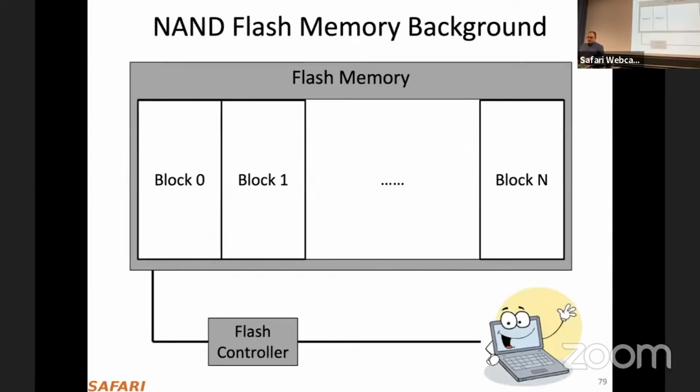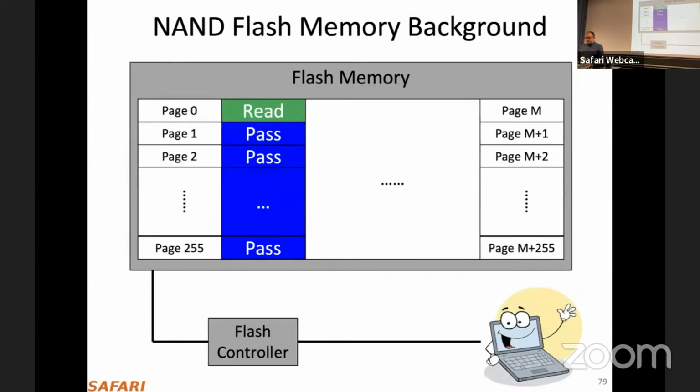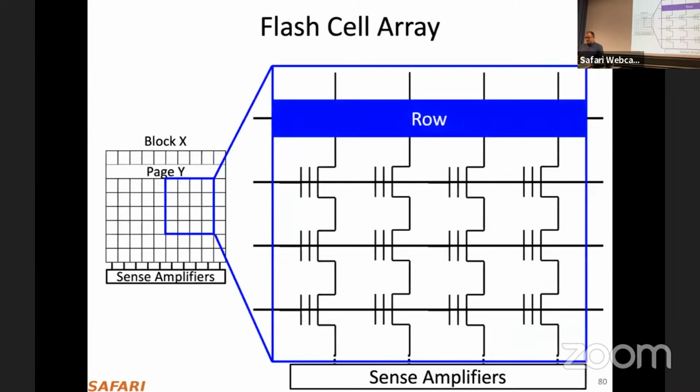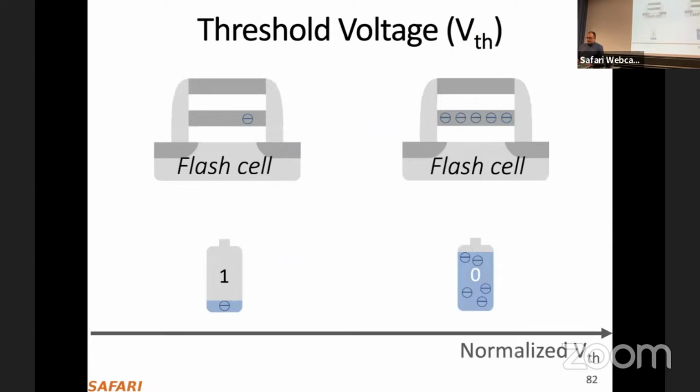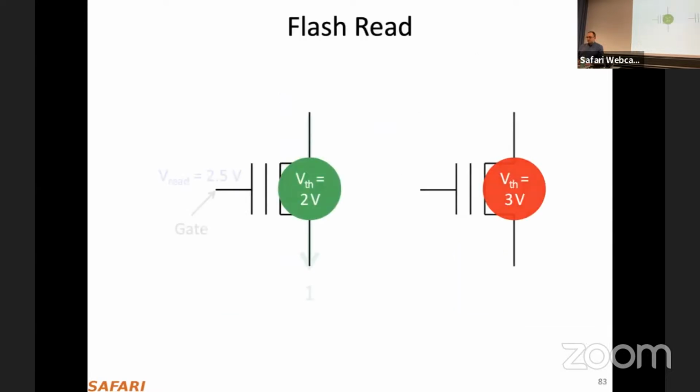So here there is a short background on flash memory, which I'm not going to cover because you know most of it. I'm going to wait on some specific slides because I want to point out some important things. But essentially, you know about the rows and the columns, floating gates, all this stuff.